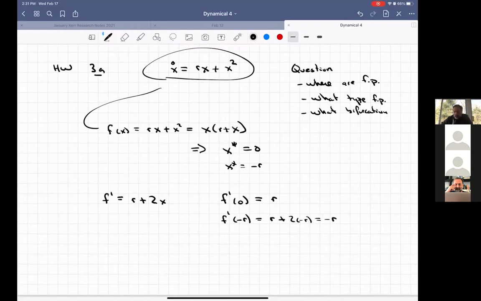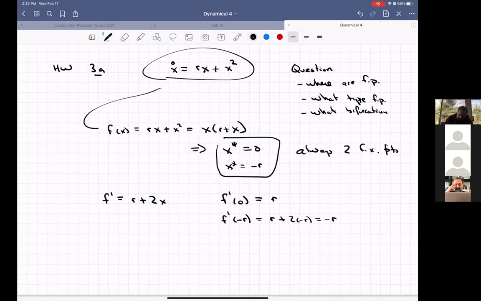Now remember, what linear stability analysis says is that if the derivative is positive, the fixed point is unstable. And if the derivative is negative, then the fixed point is stable. So I have these two fixed points. I always have two.